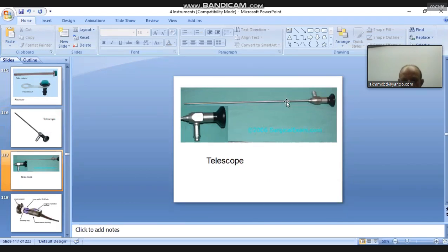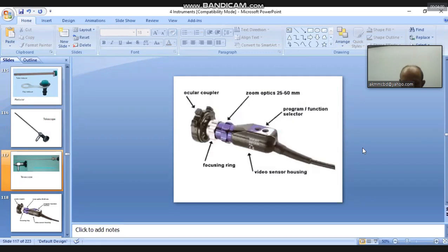And you see the telescope, details of telescope, the same thing. And this is the camera. Actually, this is the outer part of the camera which is attached to the telescope.